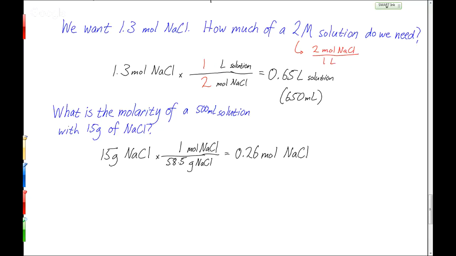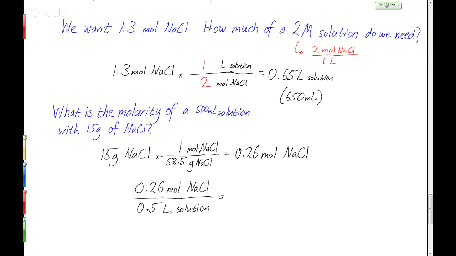And then we can get our concentration by putting that number of moles over the volume. Remember that the bottom of that fraction has to be in liters, not milliliters. So you have to convert to liters.